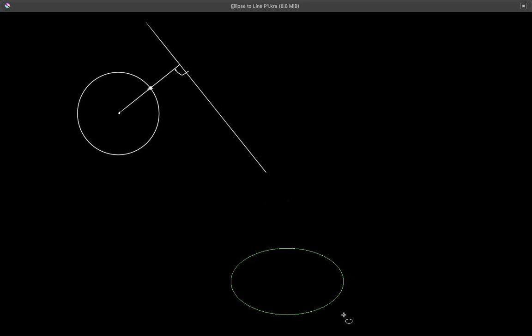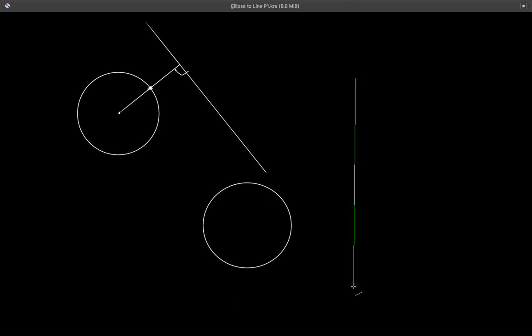We are going to have a circle, and then we are going to have a line, which will be vertical. That's about as vertical as I can get it. It's going to look something like this.